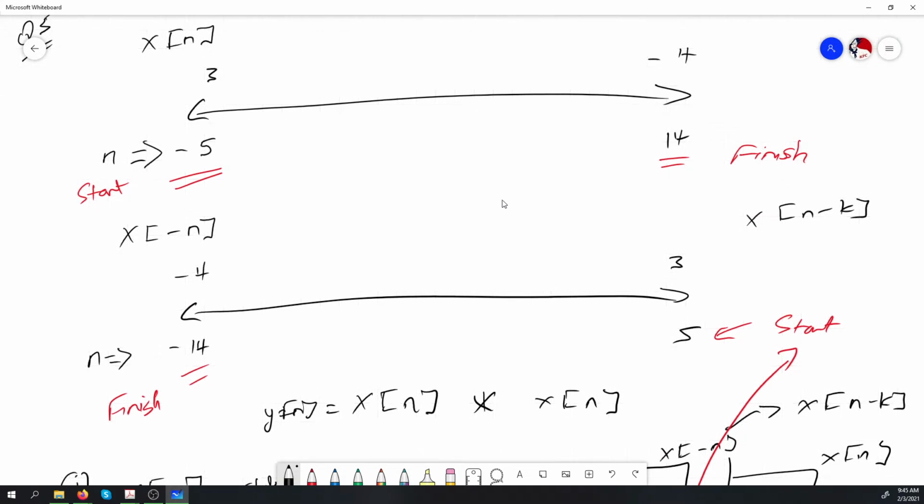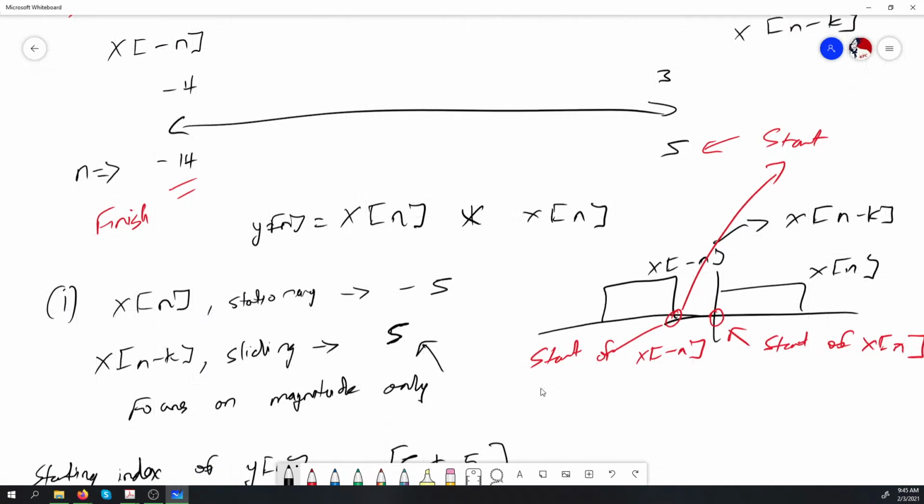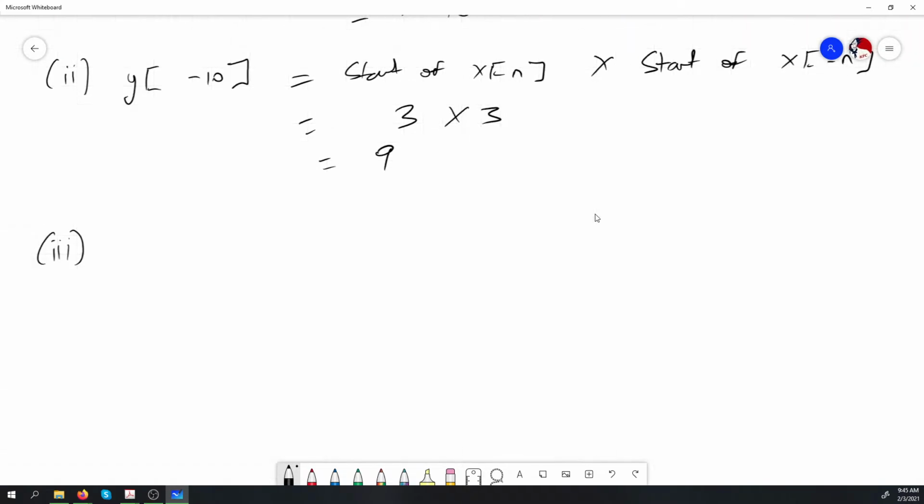So our sequence here goes from 14 to -5. And you may think, okay, we just add the two together so we get 19 samples. But no, that's actually wrong, and I'm going to explain why. So let's watch this on a smaller scale. Let's say we had an example sequence going from -2 to +2.